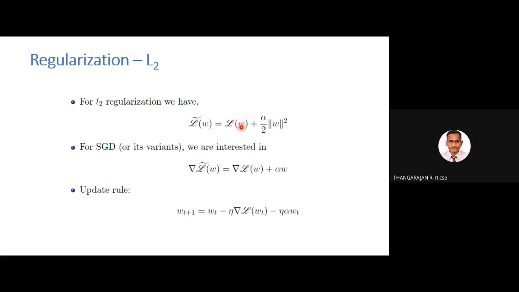Now, for example, if you have a complex model like a CNN or a big neural network with multiple layers, generally what happens is the model fits the training set very well. It actually mimics the training set.